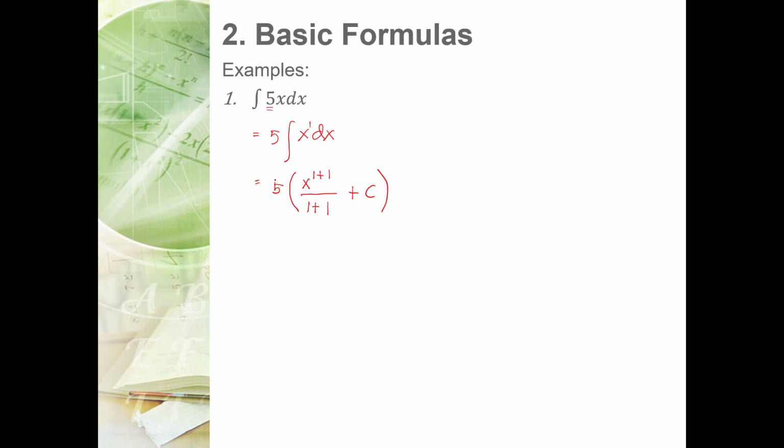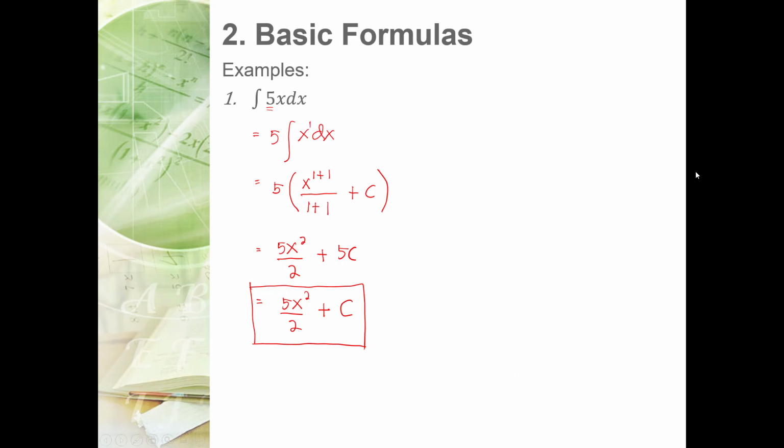Then expanding the 5 to the given equation, 5x squared all over 2 plus 5c. Again, 5c is just a constant anyway. So your final answer is 5x squared all over 2 plus c.